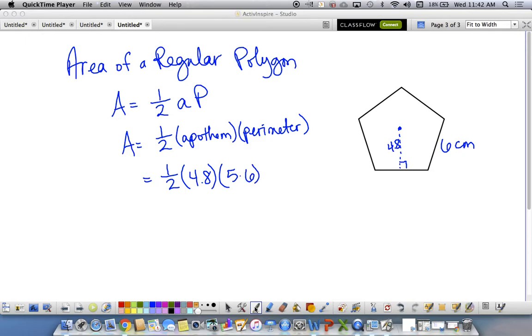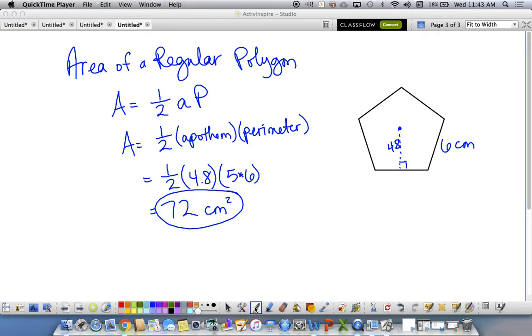So plugging this into my calculator, I'm going to do 4.8 times 30 divided by 2. And I get 72 centimeters squared. How in the world did that work out so nice? I don't know. It just happened. Okay, so I'm going to kind of go back and say this is 5 times 6 because it's the perimeter.